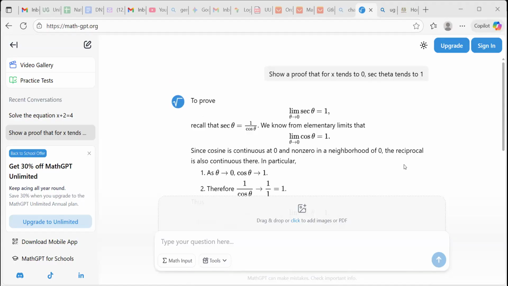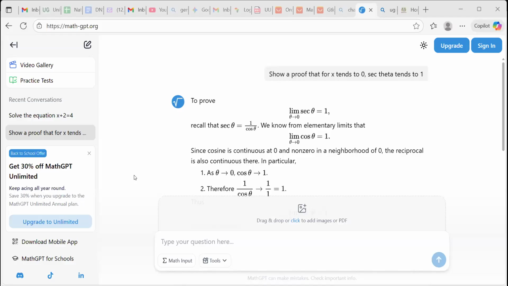I had a class where I had to prove that the limit of sec theta as theta tends to 0 equals 1. I wanted a simple proof, not the one in the textbook, which was too complicated. So I asked this AI, which I think belongs to ChatGPT.